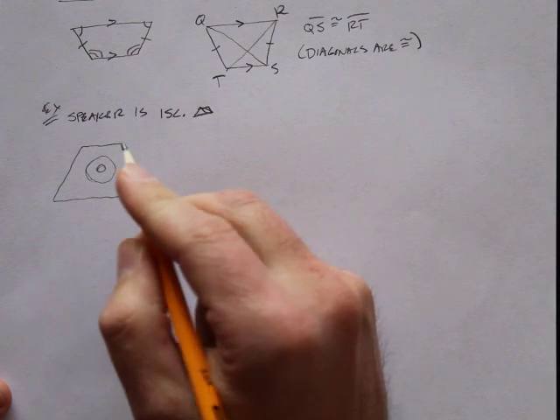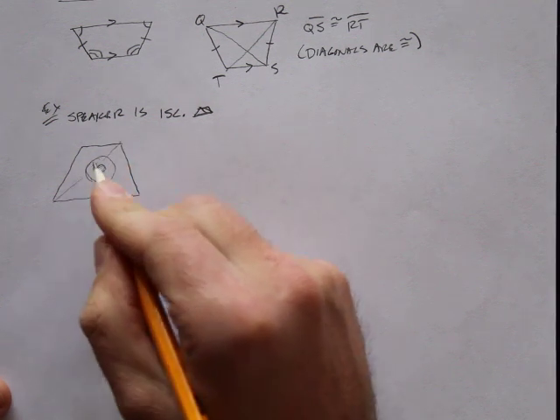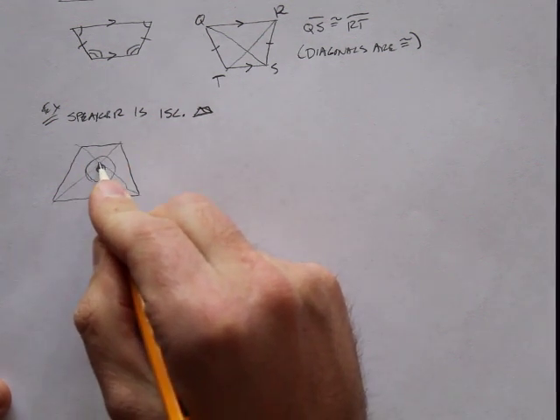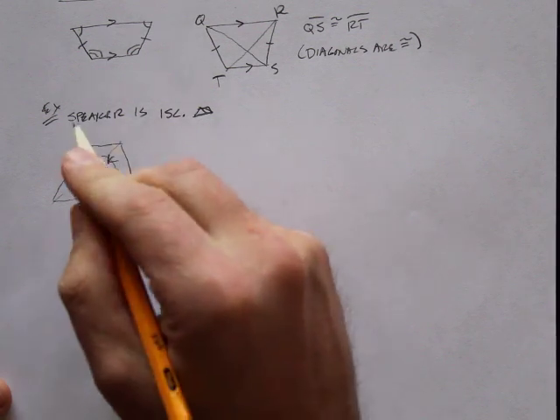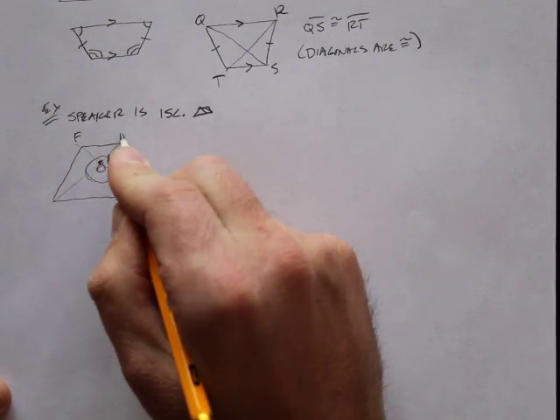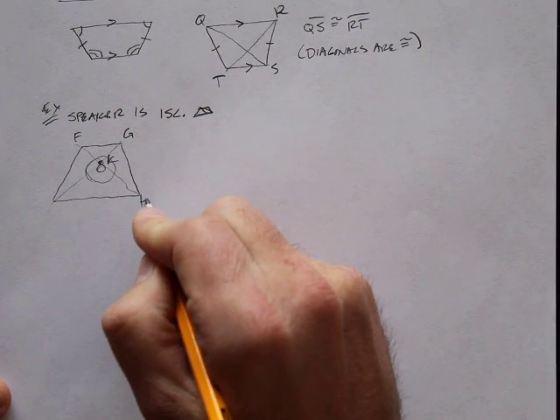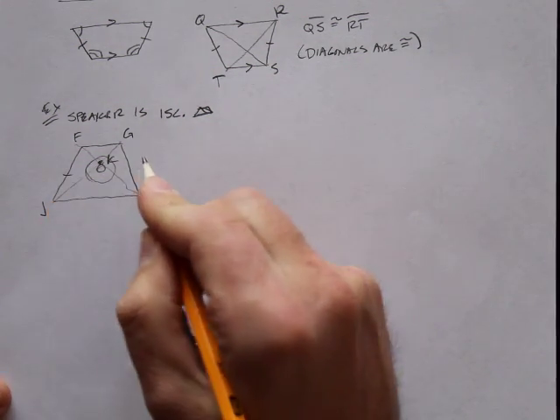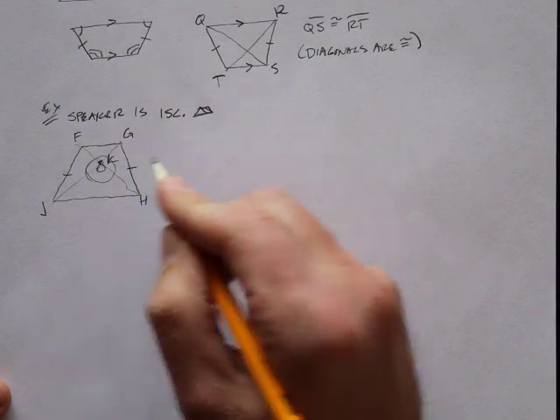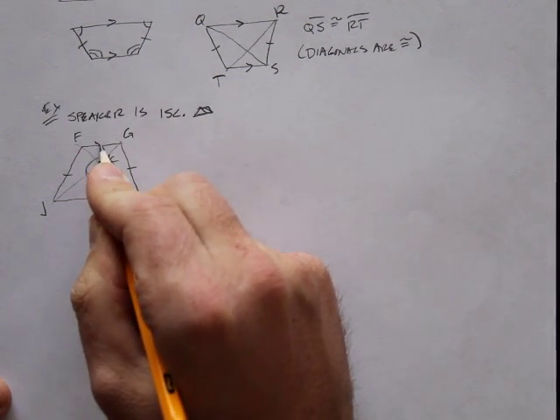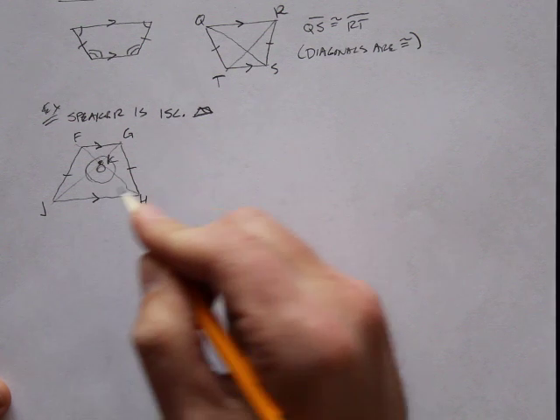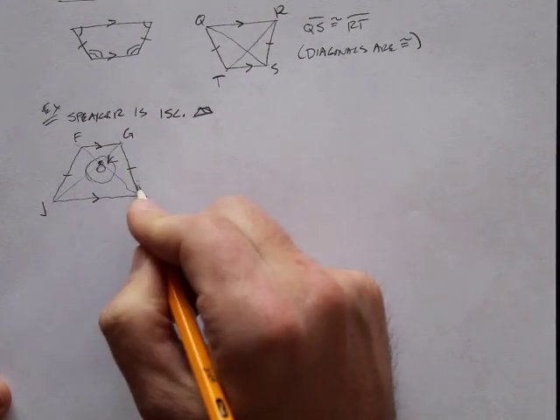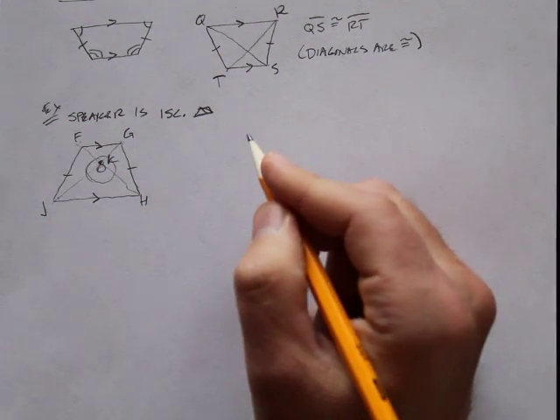This is the speaker. Now I have my diagonals. Here's K. This is trapezoid FGHJ. JF is congruent to GH, and FG is parallel to JH. Did I say GH is parallel to FJ? Okay.